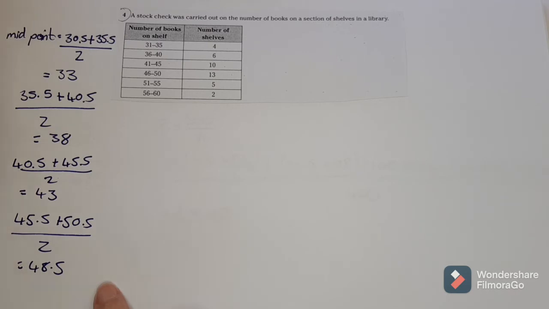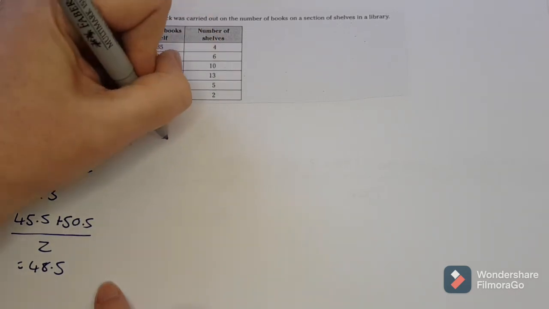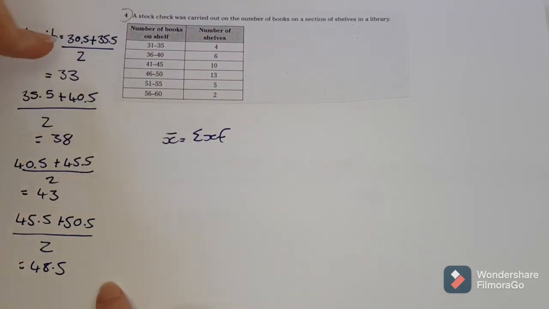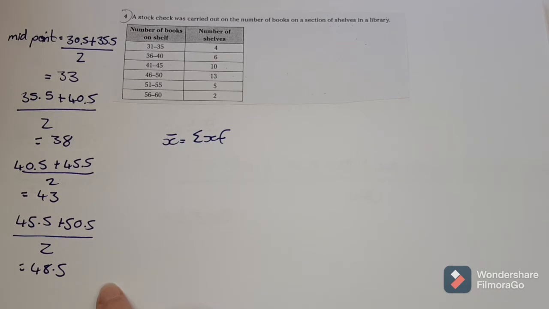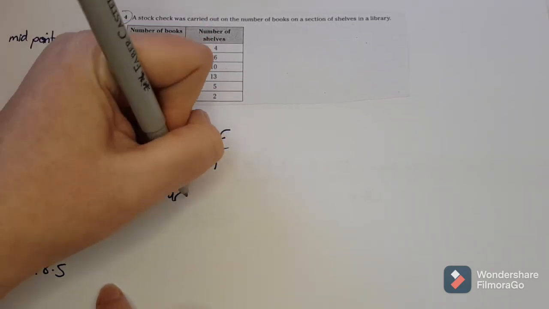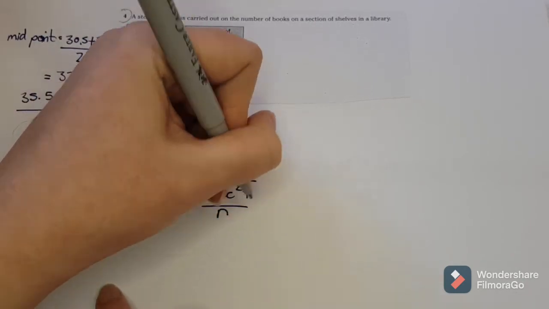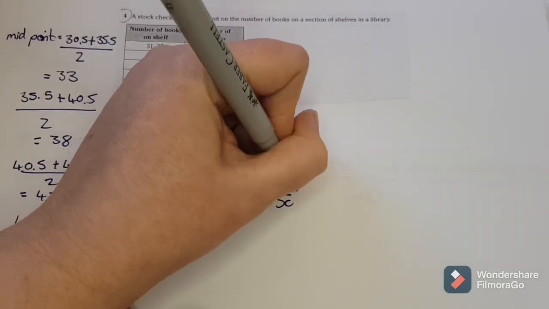And then we do exactly the same thing with our mean being the sum of x times f. So now you just take the midpoint of each of them, over n, and then the variance is going to be the sum of x squared f over n minus that mean squared.